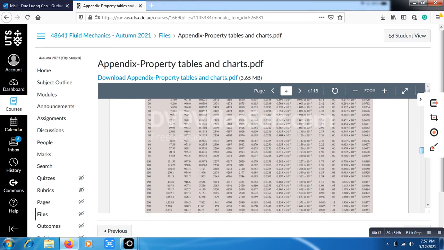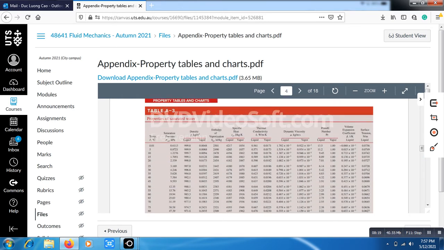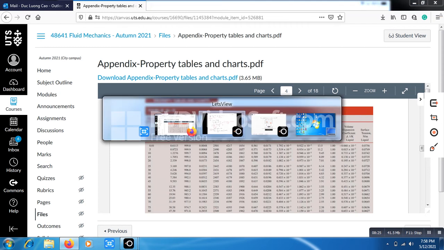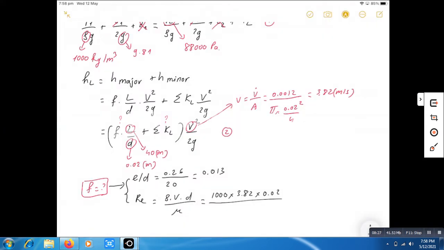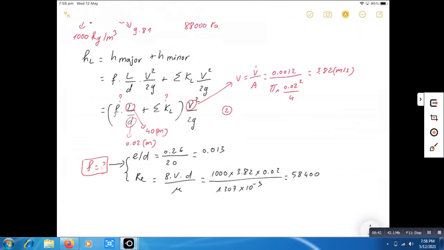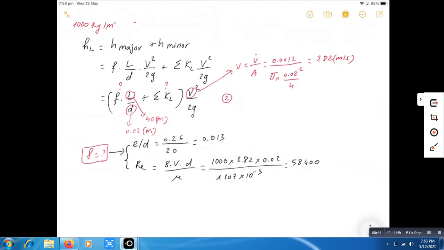At 10 Celsius, the viscosity is 1.307 times 10 to the minus 3. So the Reynolds number here is 58,400. Now from e over D and the Reynolds number, based on the Moody diagram, you can find f.